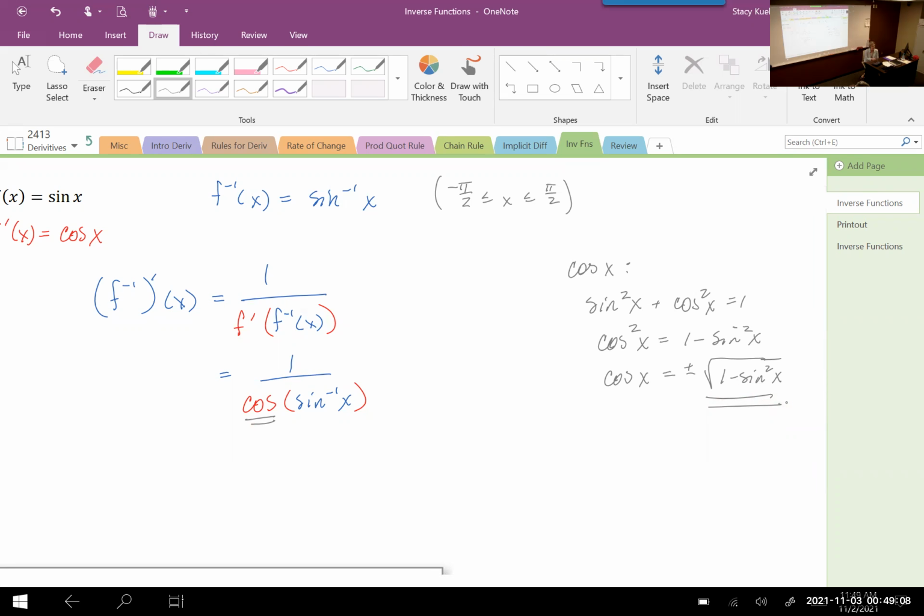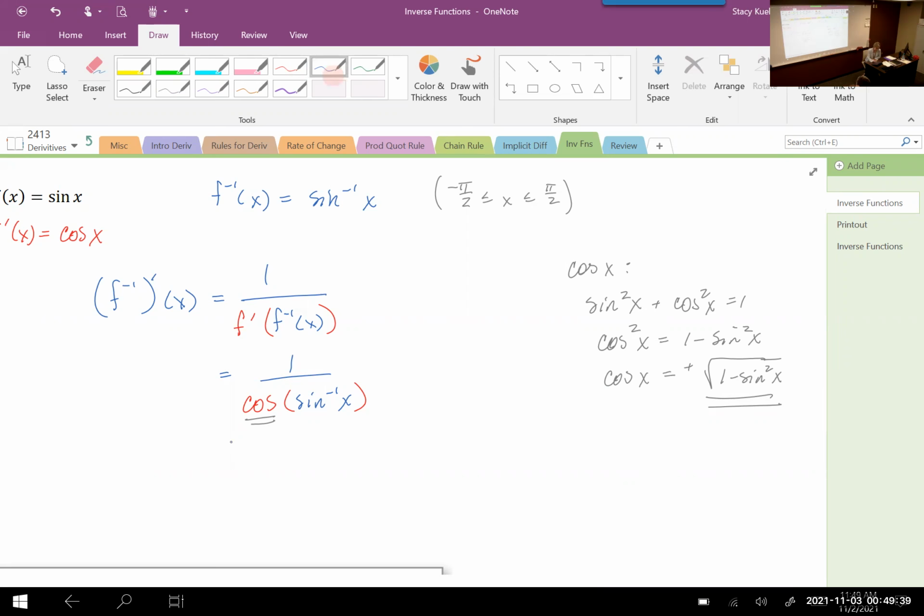Now I'm only interested in the positive version of cosine, so I can just get rid of the negative part. So cosine x is also the square root of 1 minus sine squared x. That's the identity part of this.